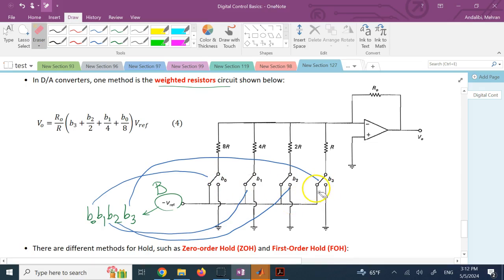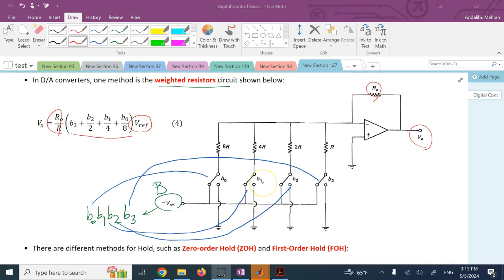And based on that, you are going to have what? You are going to have the total output voltage equal to the ratio between R0 and R, and this total summation of all of these bits times the reference. And also you see that the values of these resistors are also in a binary fashion.